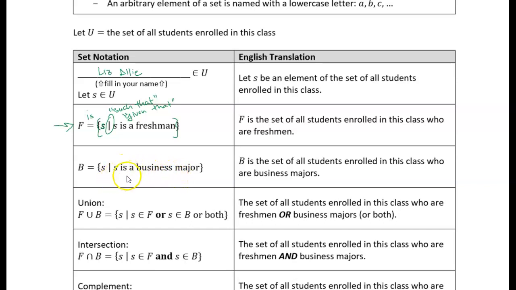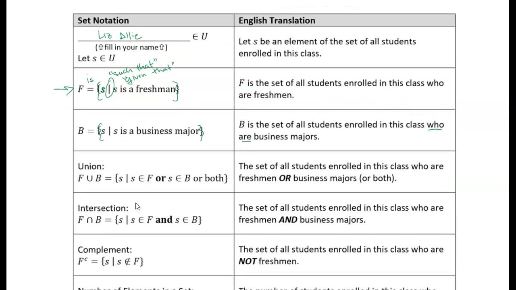Again, the vertical line, we can read it as such that or given that. So B is the set, curly brackets means the set of students S such that S is a business major.